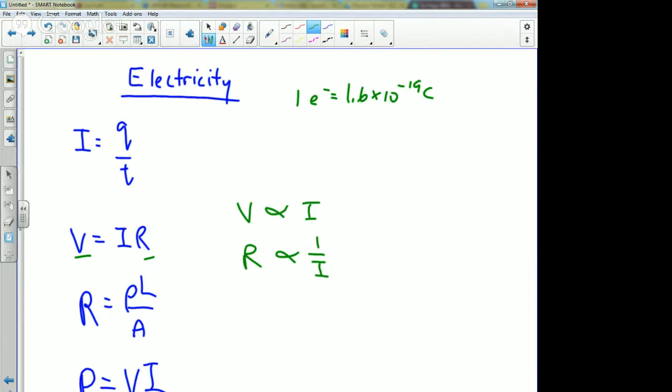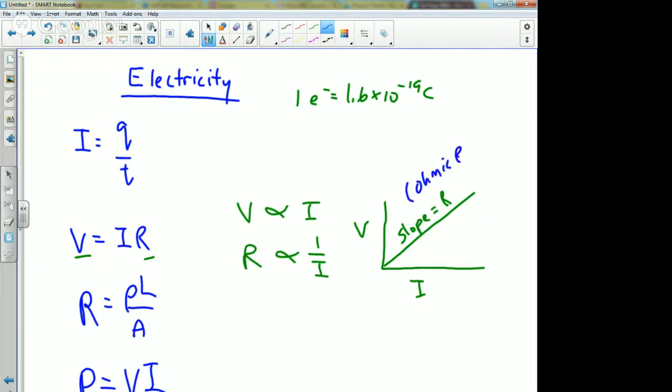Now, this follows a basic graph, V versus I, and the slope is equal to resistance. Just in case this comes up, but I doubt it will, any resistor that follows that direct relationship is called an ohmic resistor.